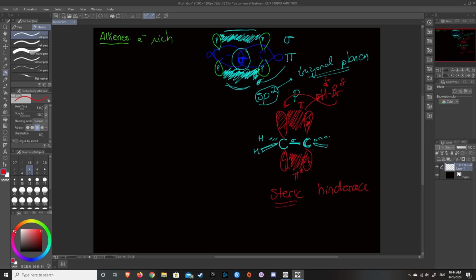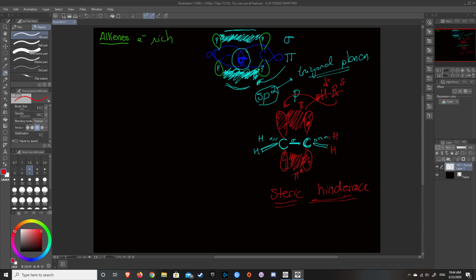But with just typical alkenes, maybe single chain, we just need to know that it's added because there's low steric hindrance. There's not much protecting those pi electrons from being attacked. So steric hindrance, that's a good word to keep in mind.